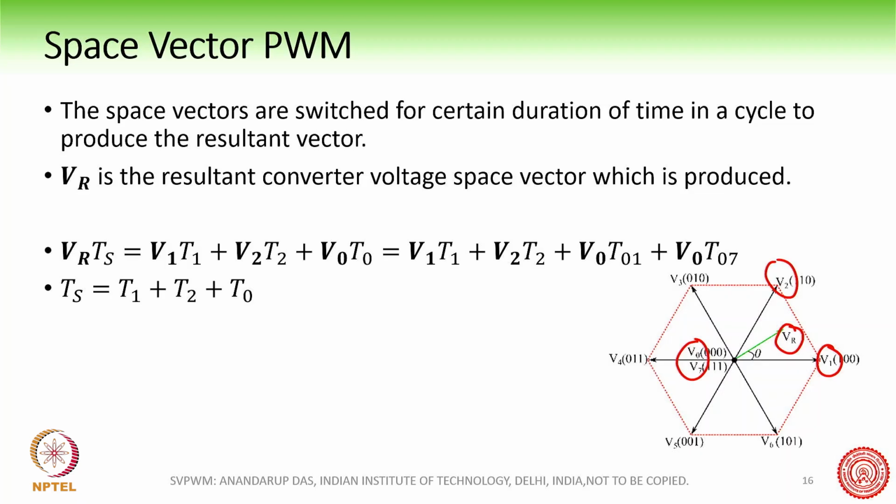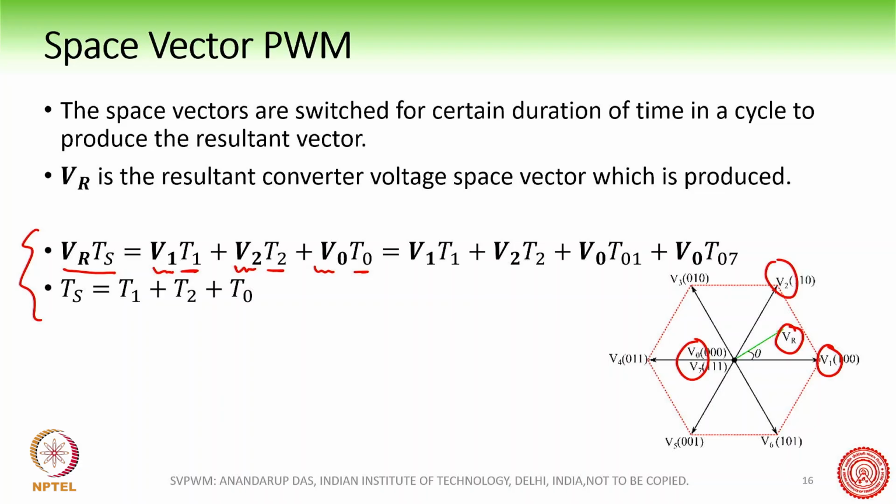So these vectors V1, V2 and V0 have to be used for certain time durations in a switching cycle to produce the resultant vector. The formula is given here: V_r Ts is V1 vector for time duration T1, V2 vector for time duration T2 and V0 vector for time duration T0. So Vr Ts equals V1 T1 plus V2 T2 plus V0 T0.